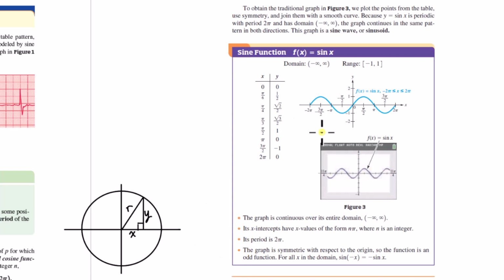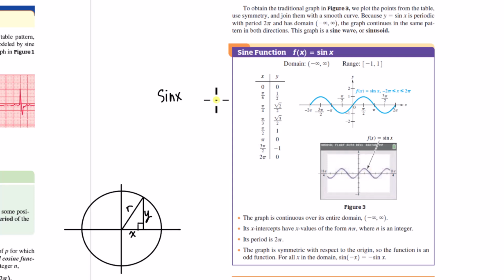Okay, what are some other features of this graph? The x-intercepts. So real quick, just note that we're strictly talking about sine of x or theta, unshifted, unscaled, just as basic as it gets. That's what we're talking about at the moment.